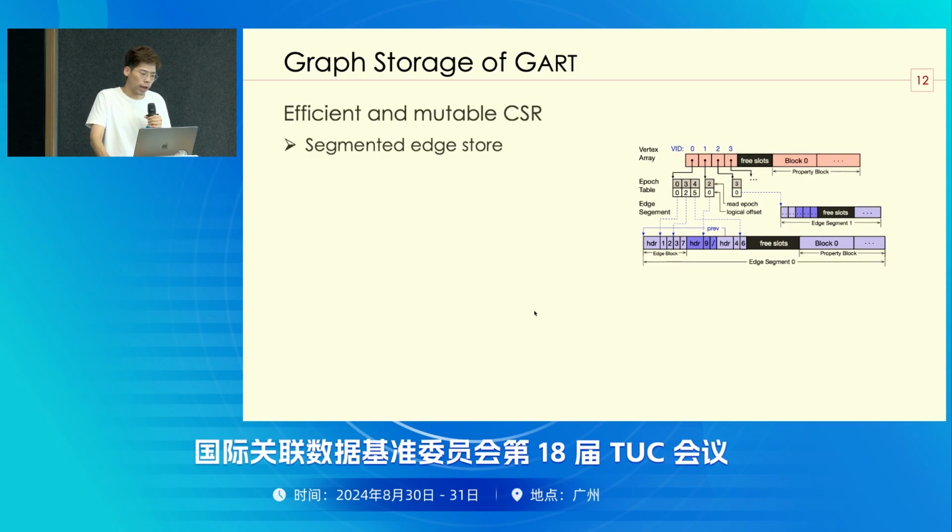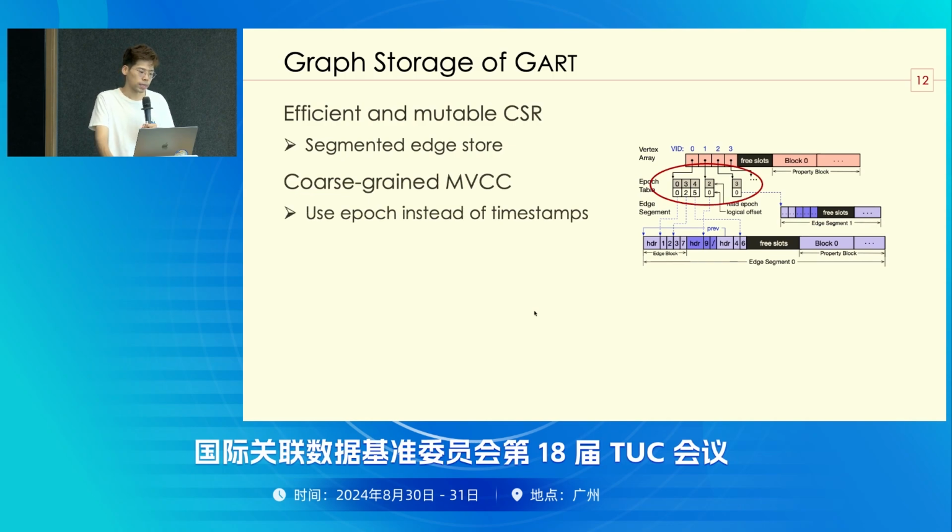We have some optimizations on the graph storage of GART. The first one is that we designed an efficient and mutable CSR with a segmented edge store, so that we can update the CSR structure at segment granularity.